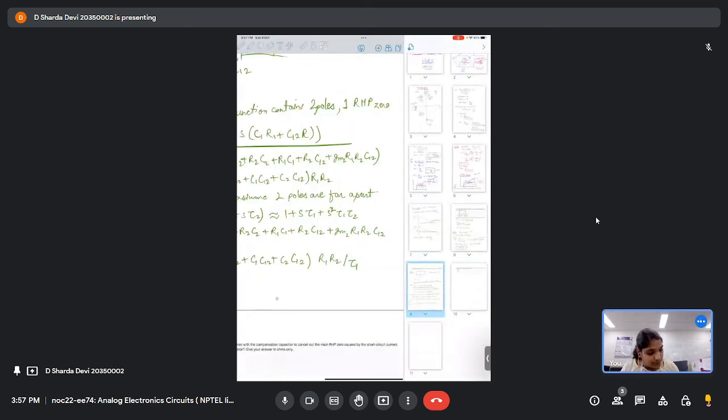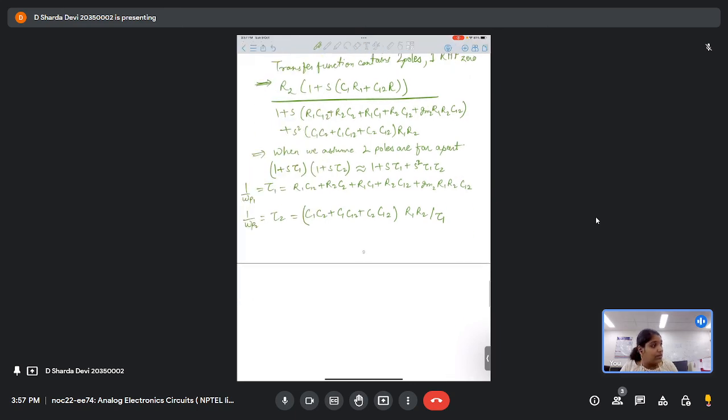So the ratio of the two poles, tau 1 by tau 2, which is omega 2 by omega 1, is equal to R1 C12 plus R2 C2 plus R1 C1 plus R2 C12 plus GM2 R1 R2 C12, squared, divided by C1 C2 plus C1 C12 plus C2 C12 into R1 R2. So this is the ratio.